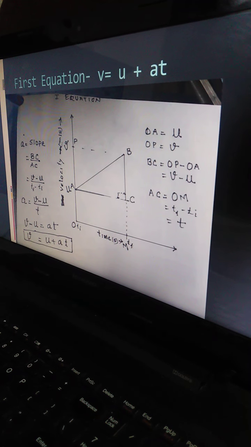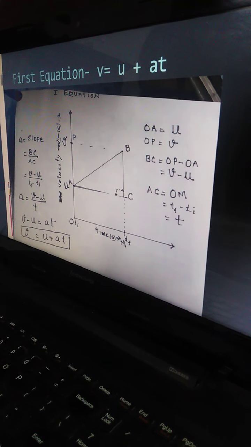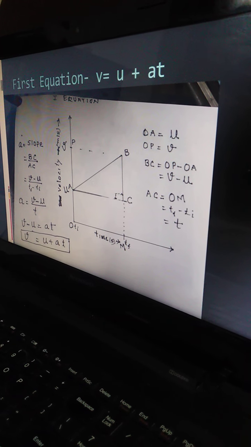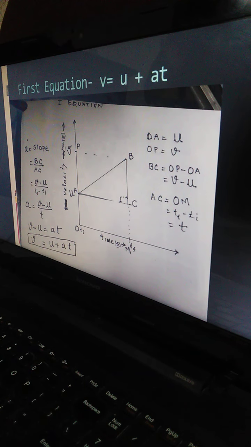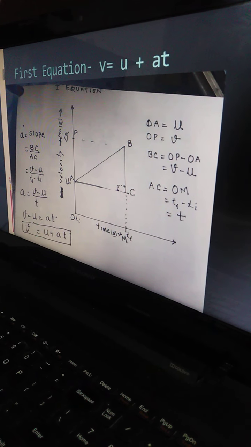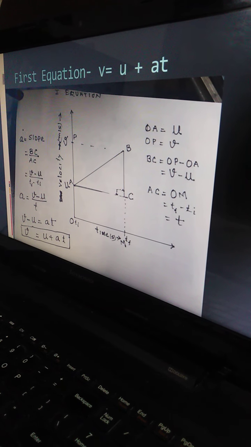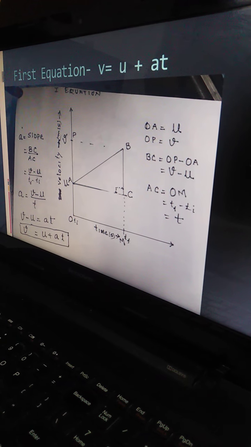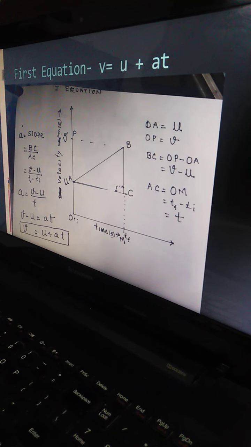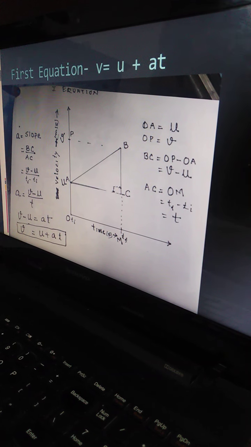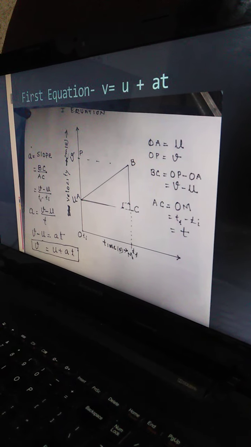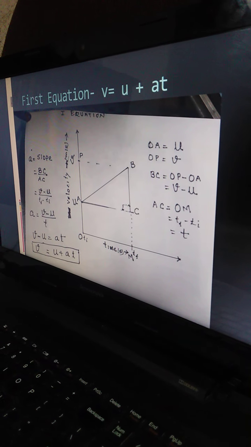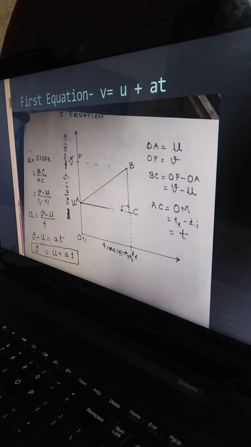Now, remember, when we were describing motion, what we said? Slope of velocity time graph represents, anyone can think, represents acceleration. So here A will be equal to the slope of the graph AB. That is taken as BC upon AC, and put all those values.